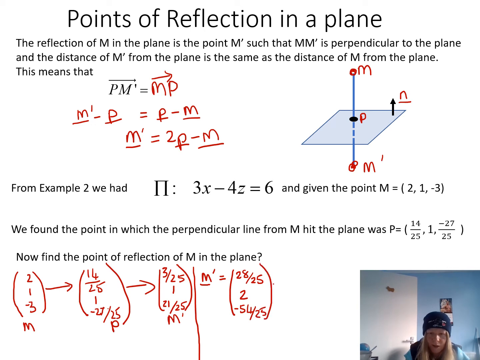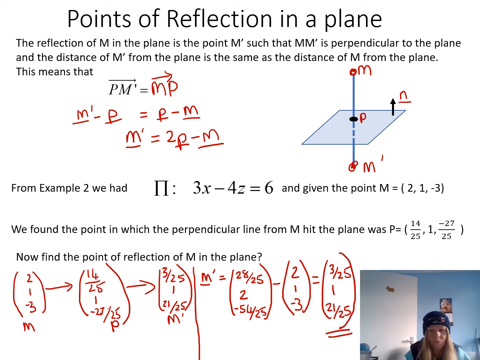And then if you take away M, which is 2, 1, minus 3, you'll end up with exactly the same point as we did using common sense. 3 over 25, 1, and 21 over 25. All done. Hope that made sense.